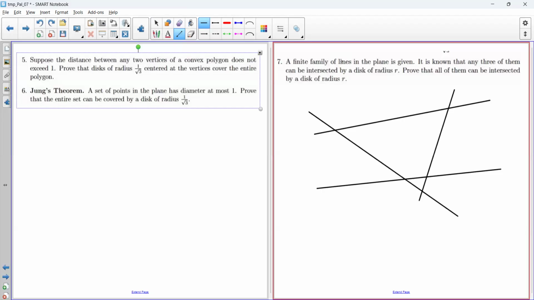So we have a family of straight lines, and we know that any three of them, though they may not be intersecting altogether, may be intersected with a single circle of the particular radius r.